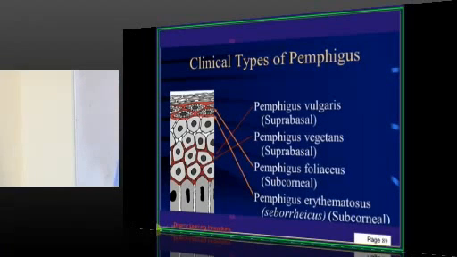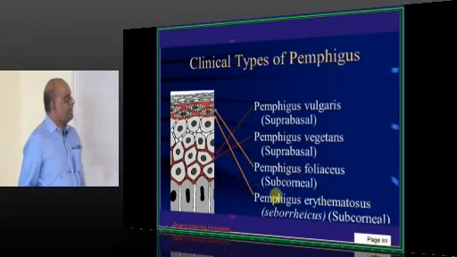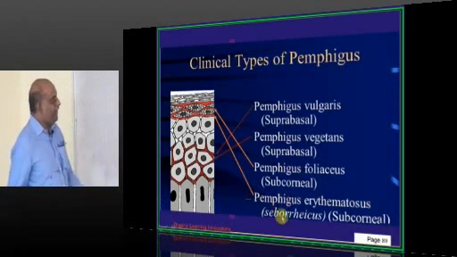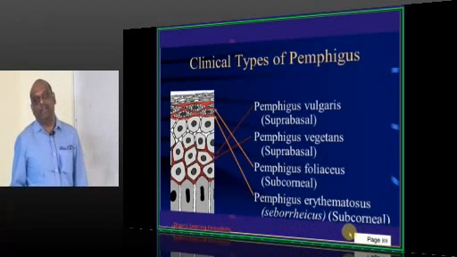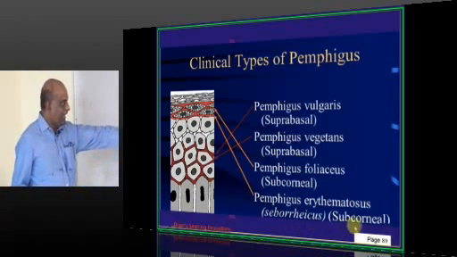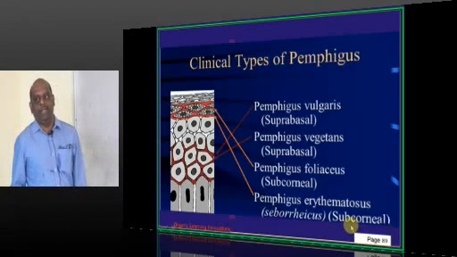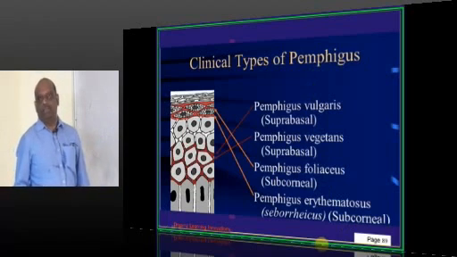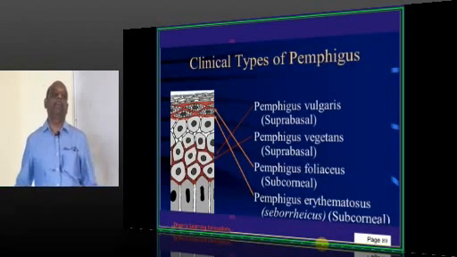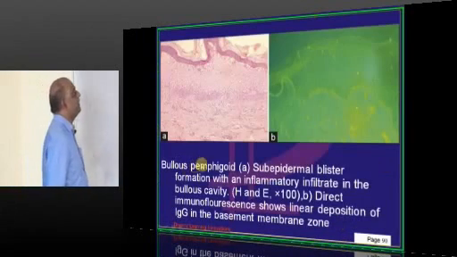We will discuss that in the next topic. So subcorneal is pemphigus foliaceus. Then pemphigus erythematosus is another variant which is also subcorneal. So the various types of pemphigus are based on where the acantholysis is happening, is what I want to underscore to all of you.